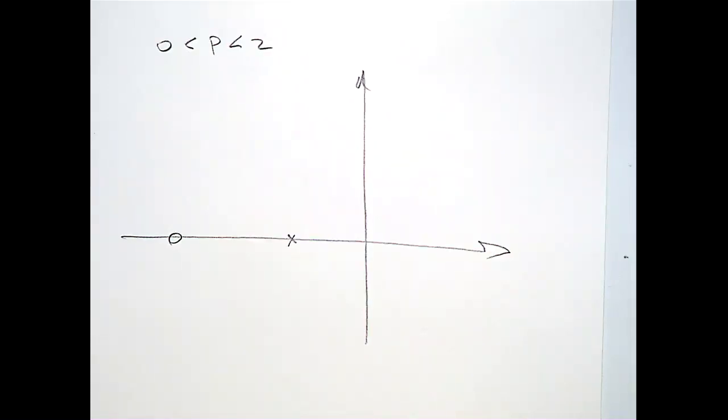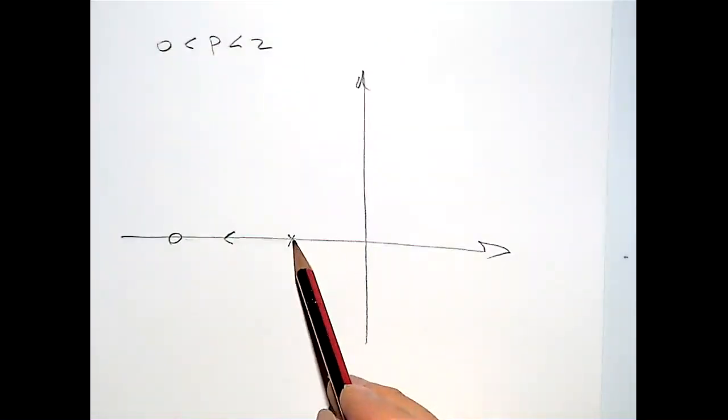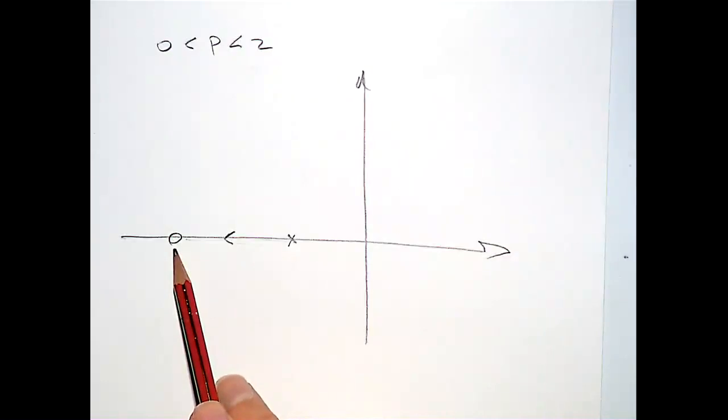So what is the root locus in this case? It's again this part of the real line, right? So this is the only branch. It starts from the open loop pole. It ends up in the open loop zero for high gain.